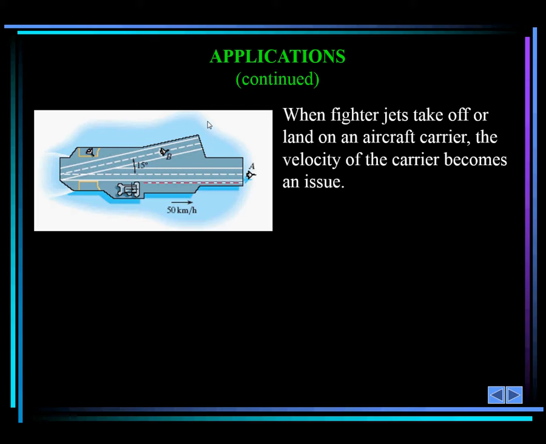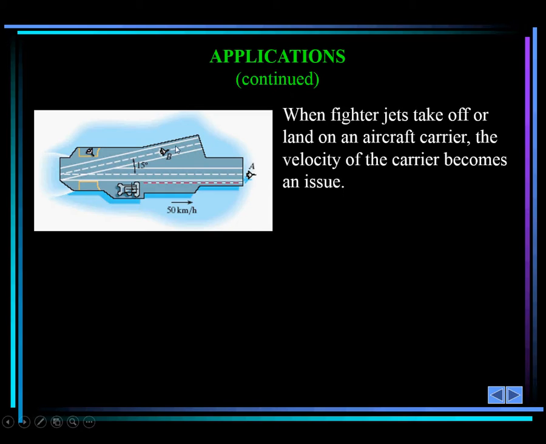So you not only have the velocity of the carrier to take care of, but the velocity of the plane with respect to the carrier. So if the carrier is going, let's say this way, and you are taking off this way, what happens on takeoff?